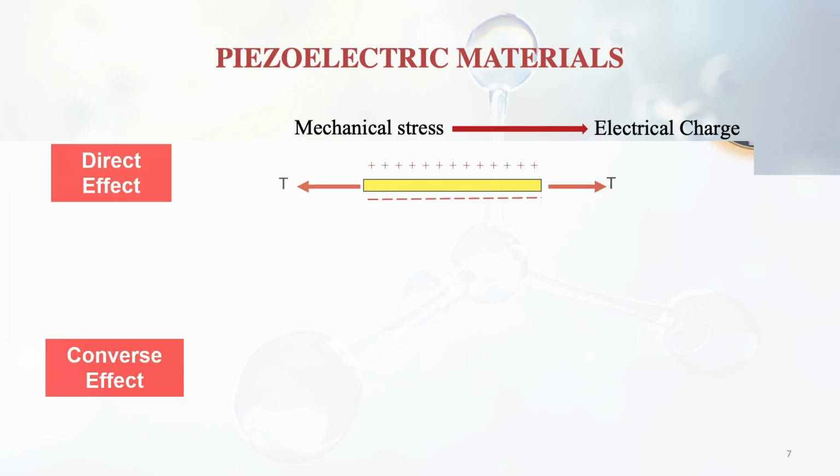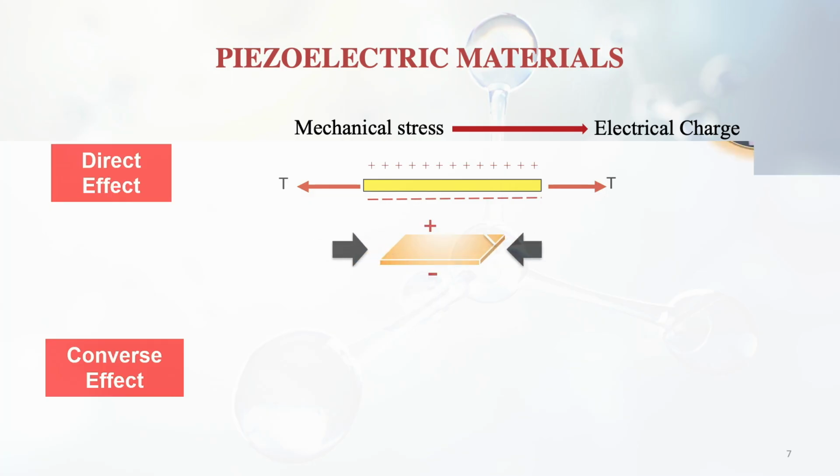So direct effect means that when subjected to mechanical stress, the piezo materials undergo the development of charges. Charges mean there is an associated potential difference which can be measured, and this provides an indication of the stress.